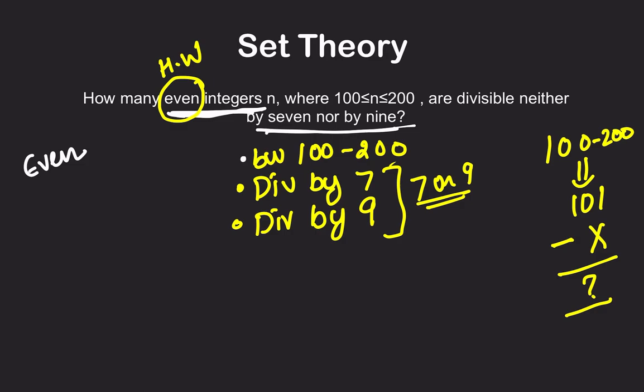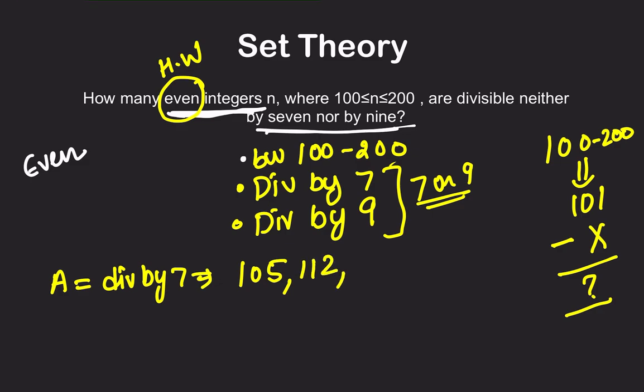So let's say suppose set A are the numbers divisible by 7. When we use the table of 7, you see 91, 98, then after 98, 105. 105 is the first number after 100 which is divisible by 7, and the next number is 112, next is 119, and it goes on till 196.